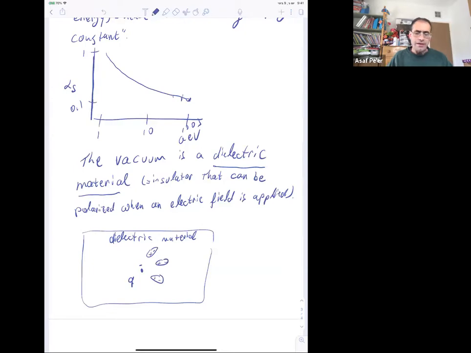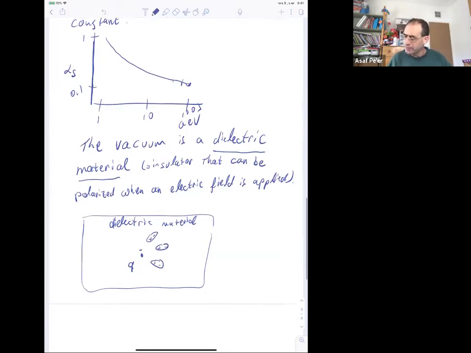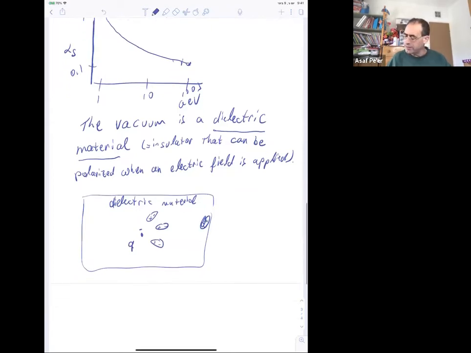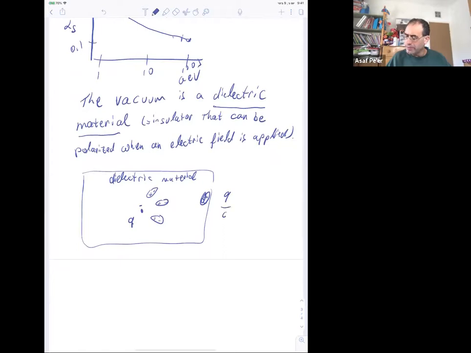So what happens is that the effective field seen by a distant observer, so if the observer sits somewhere over here, the effective field is Q over epsilon, where epsilon we call the dielectric constant. This is the effective field.